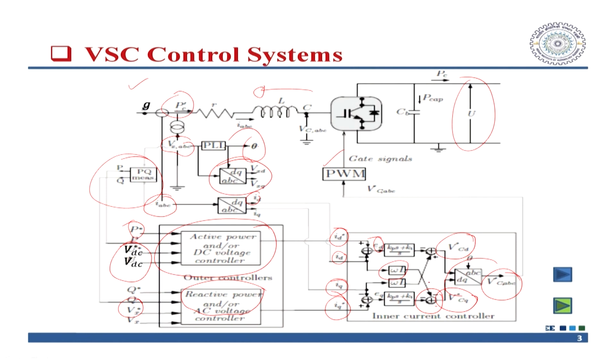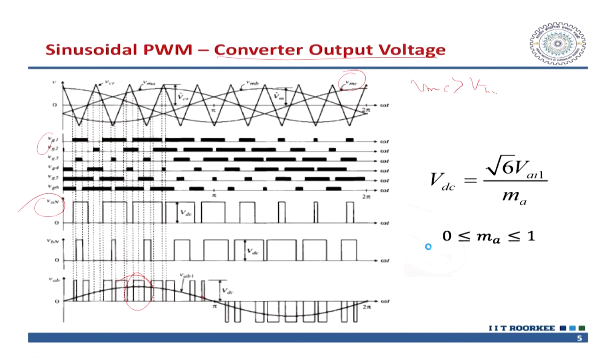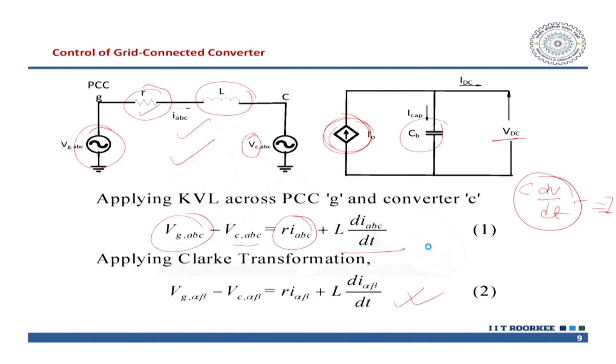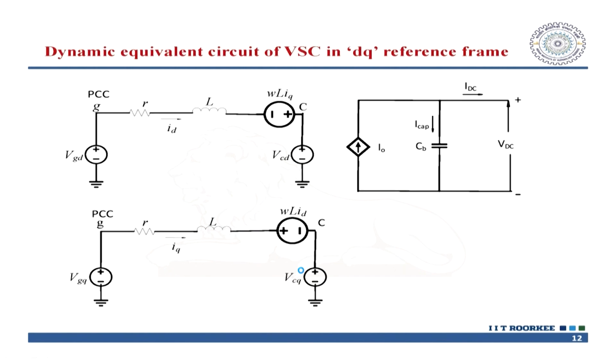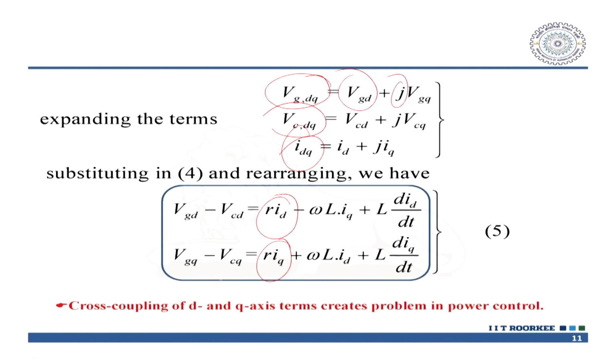So, this is your omega L and this is the cross term being added. Similarly, this is your cross term being added. So, for this reason, this is the q axis equation, but there will be a term of Id, and this is a d axis equation, ultimately you will have a cross term with a minus sign.